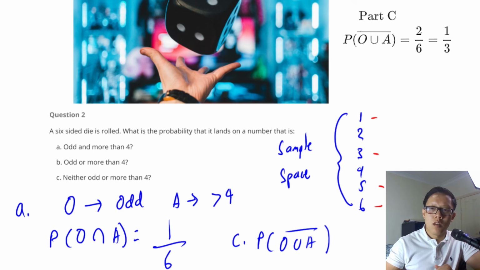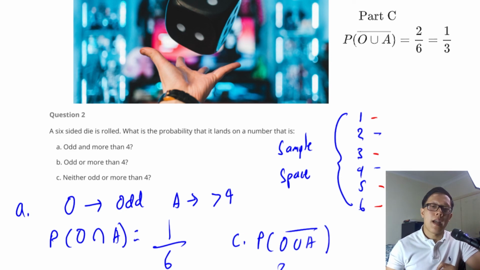Well, 2 is not odd, which is even, and it's less than 4, so it's not more than 4. So that's 1. And 4 is even, and 4 is not more than 4. So that is also a case. 6 is also even, but it is more than 4, so that doesn't count. So in this case, it's going to be 2 on 6.